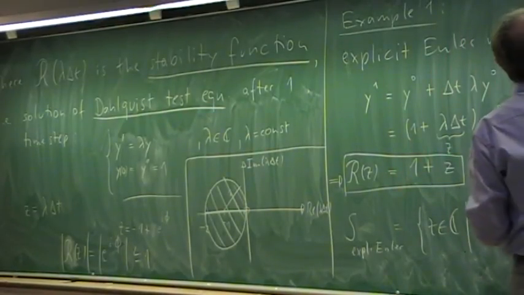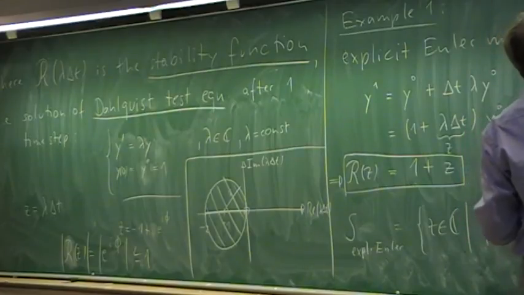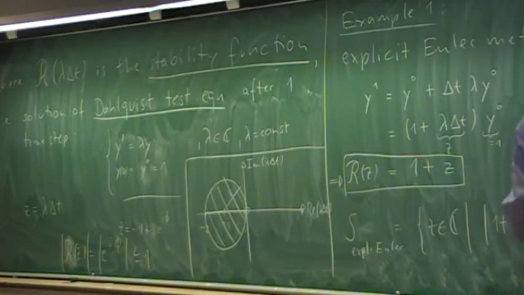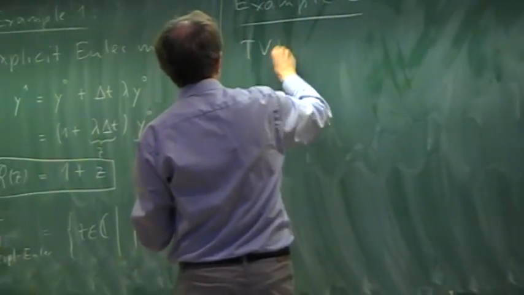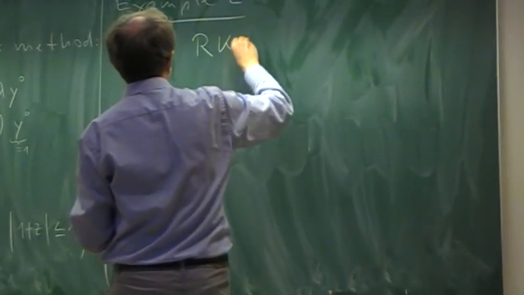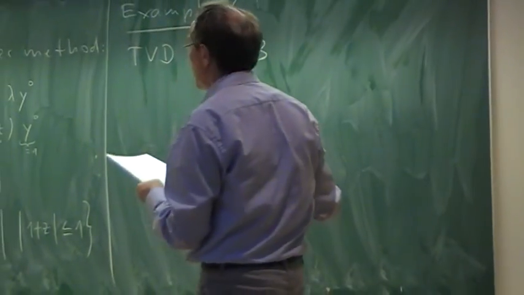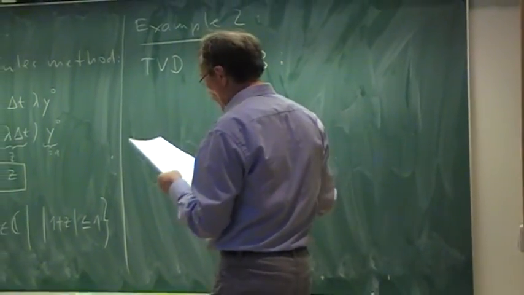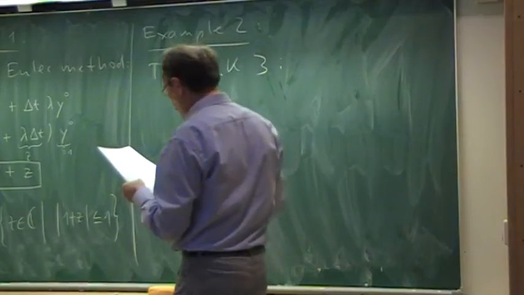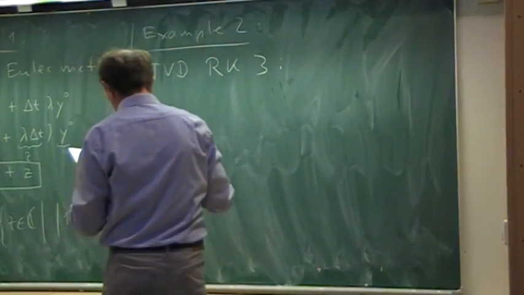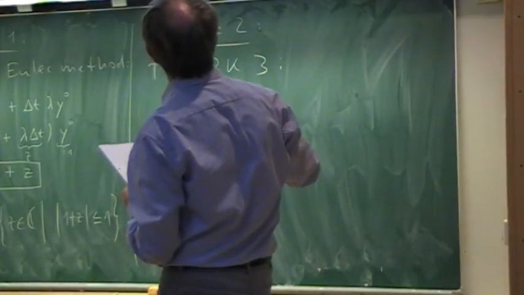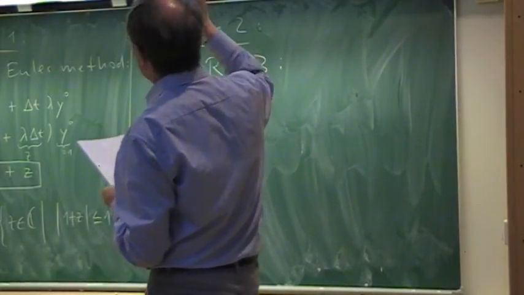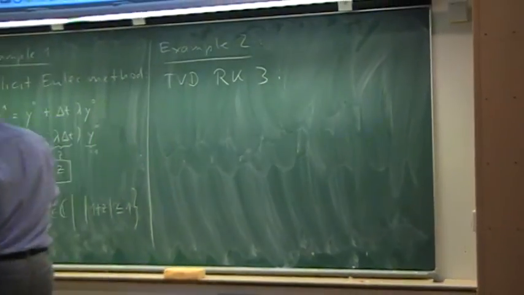So example 2. That is the TVD Runge-Kutta method, TVD RK3, or third order Runge-Kutta method. Then we do the same thing: we apply the method for solving this equation.